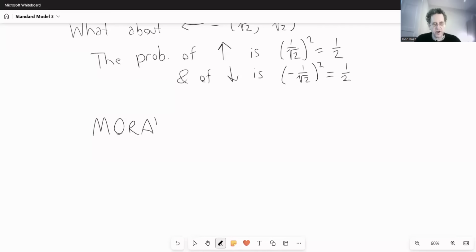So the moral so far is that three-dimensional space emerges from studying qubits.